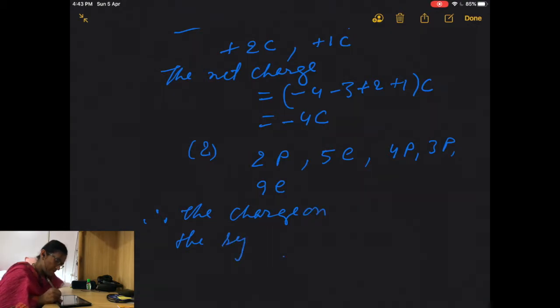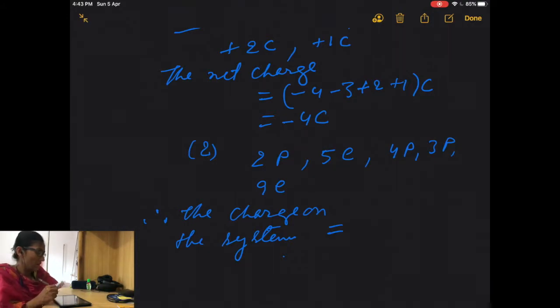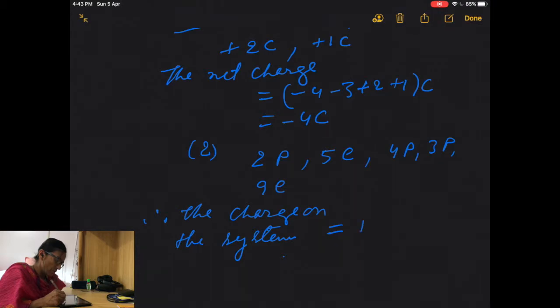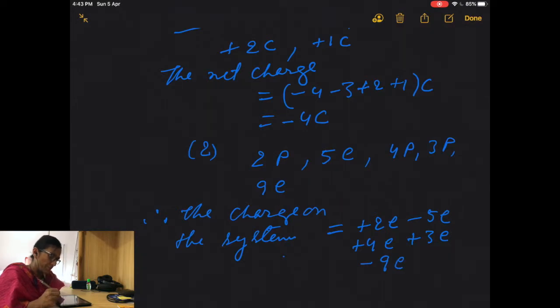For proton I'll be writing plus e, and for electron I'll be writing minus e. So we have net charge equal to plus 2e minus 5e plus 4e plus 3e and then minus 9e.